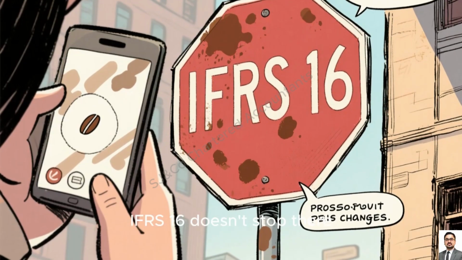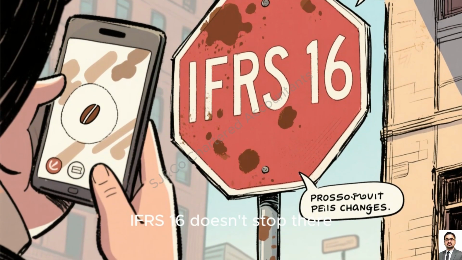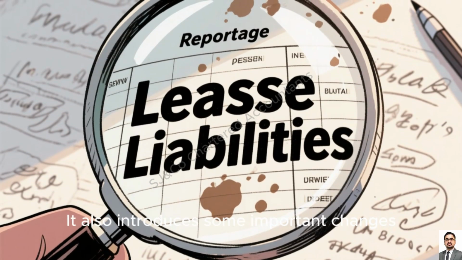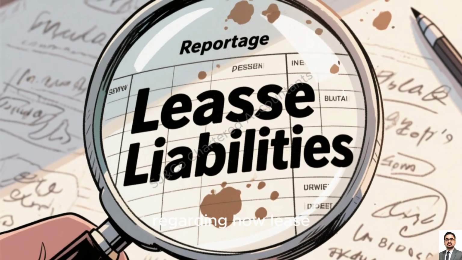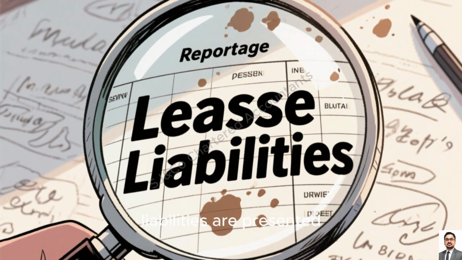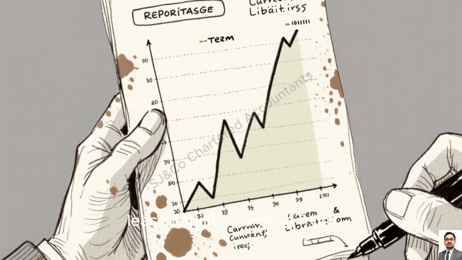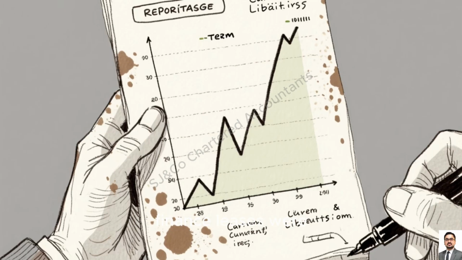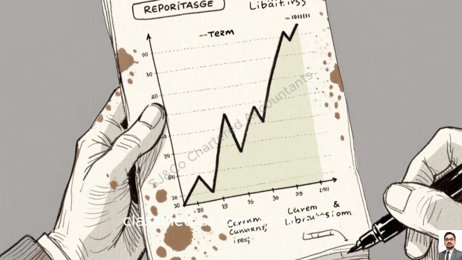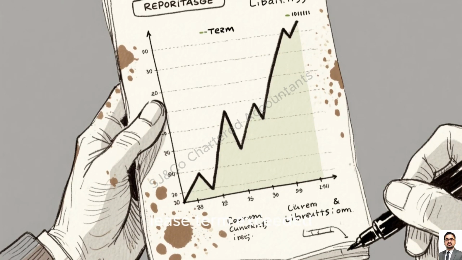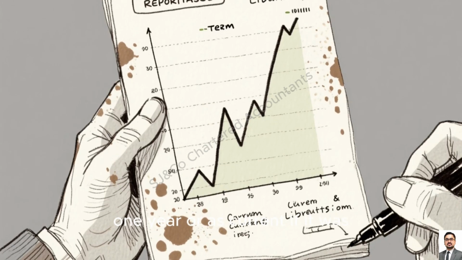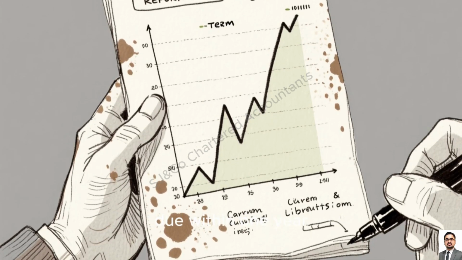However, IFRS 16 doesn't stop there. It also introduces some important changes regarding how lease liabilities are presented. Under IAS 17, lease liabilities arising from finance leases were classified as long-term if the lease term exceeded 1 year, or as current if it was due within 1 year.